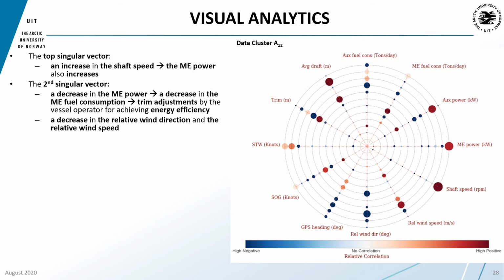This is due to trim adjustment by the vessel operator for achieving energy efficiency. There is also a decrease in the relative wind direction and the relative wind speed in this condition. For the third singular vector, a decrease in the ship speed leads to a considerable decrease in the relative wind direction.